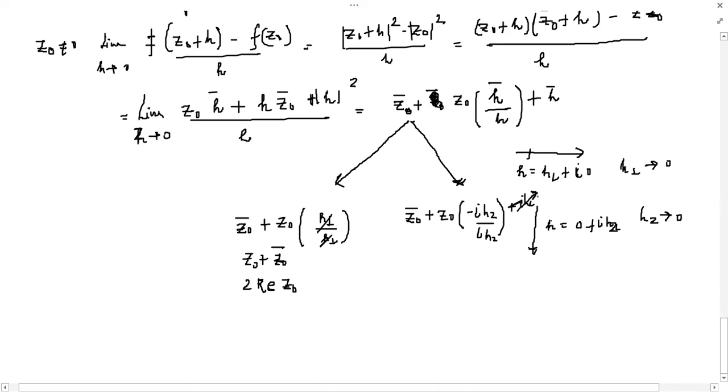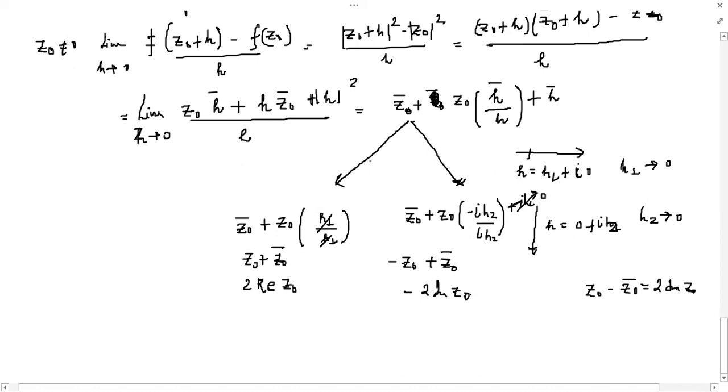This turns 0, don't worry about it. Now this will become z naught negative plus z naught bar. If you remember, z naught minus z naught bar is 2 times the imaginary part of z naught. So it will be minus 2 times the imaginary part of z naught.